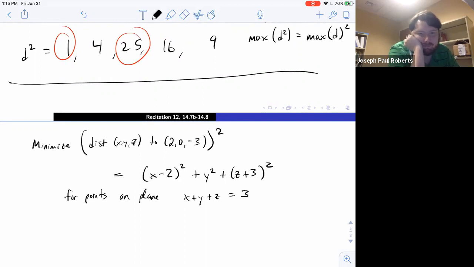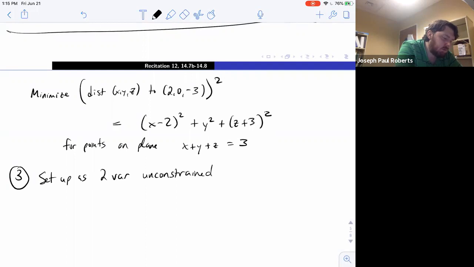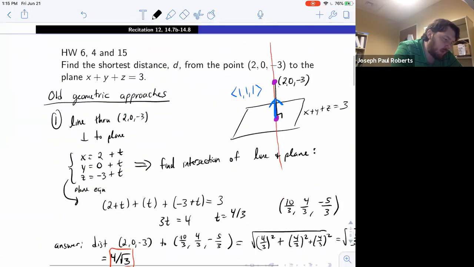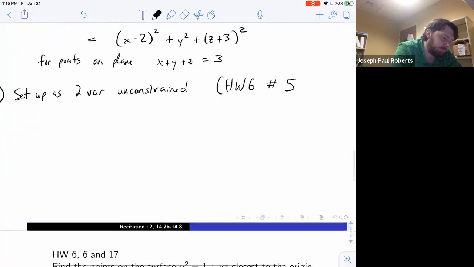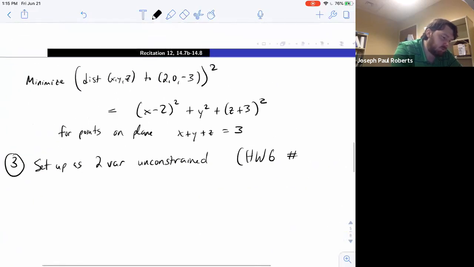Okay, so the third approach I'm going to show you is when you set it up as a 2 variable unconstrained problem. And this is, I think, the process that when you did problem 4, it walked you through.